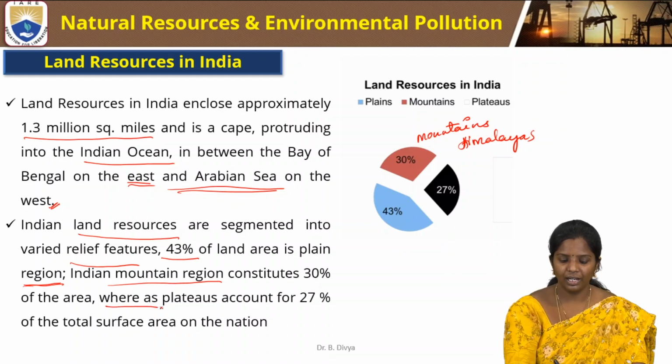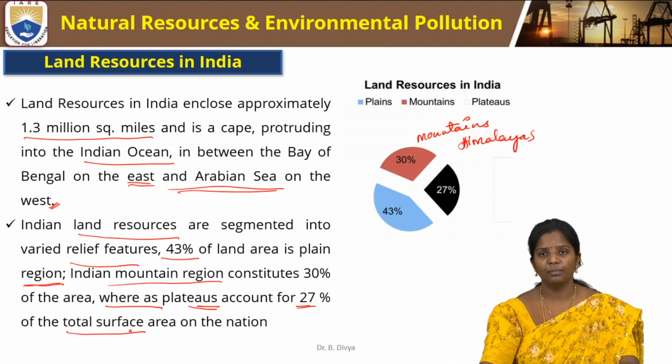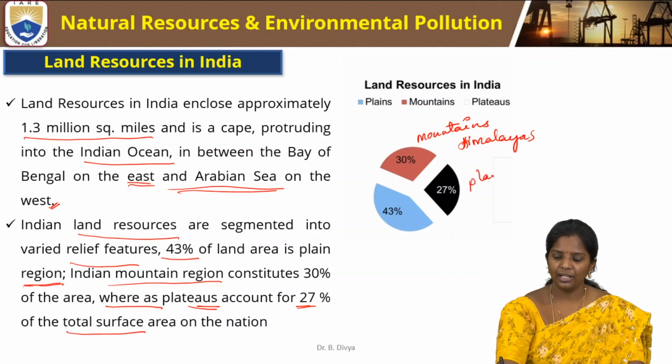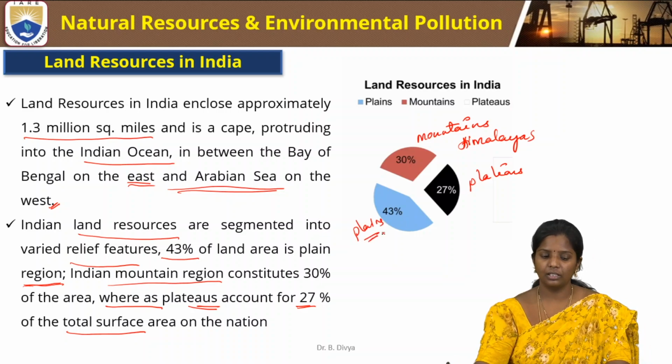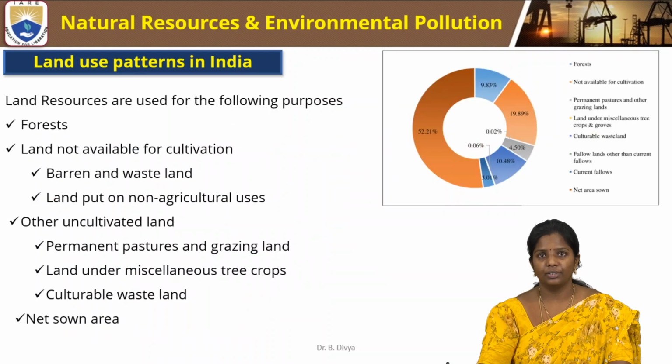Whereas plateau regions are about 27% of the total surface area present in the nation. These are the plains, plateaus and mountain regions present in the overall area of the nation.